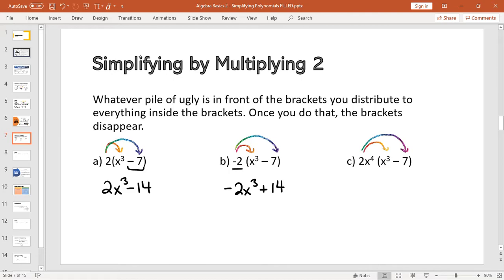So the 2 still just goes in front, and x cubed times x to the power of 4, you're going to add those exponents, 4 plus 3, x^7. And then multiply it by the 7. 2 times negative 7 is negative 14. And remember that you had an x to the power of the 4. Don't drop that. Bring it with you.